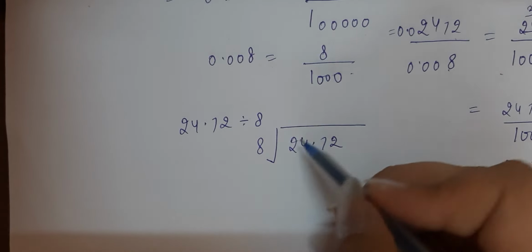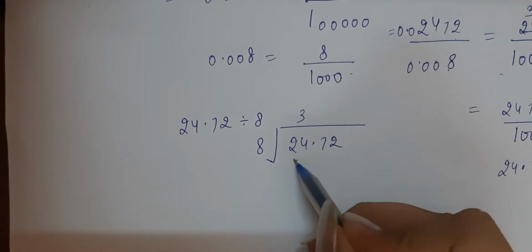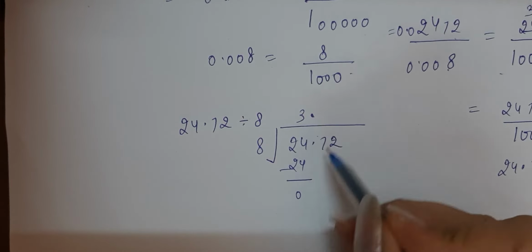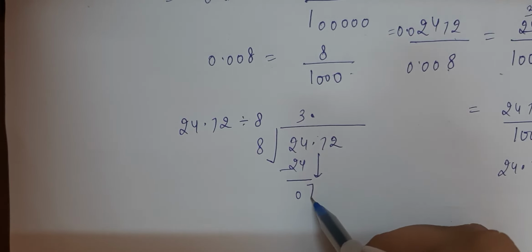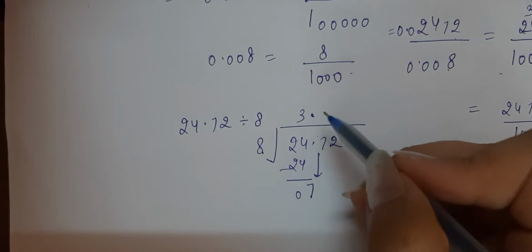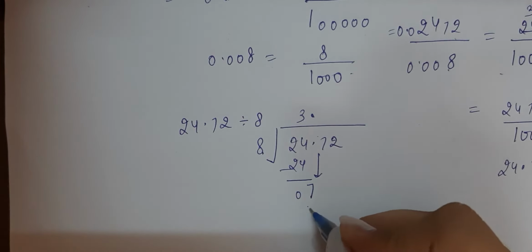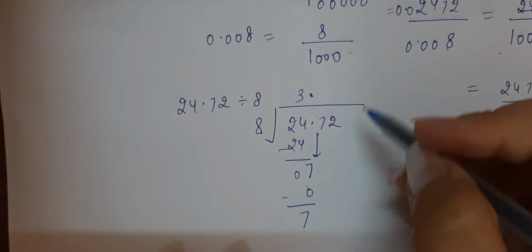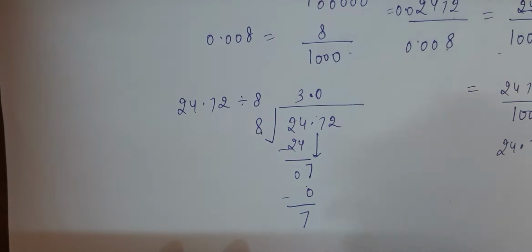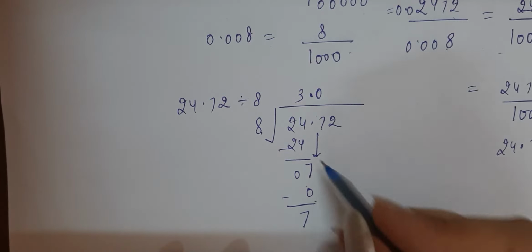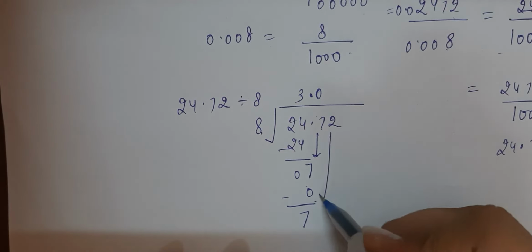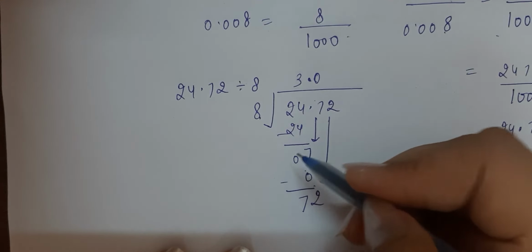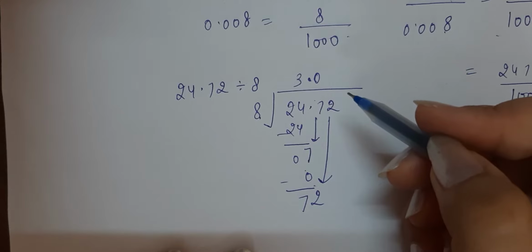Then I know 8 times 3 is 24, 0, then decimal point, then 7. I know 7 is smaller than 8, so I will take the number with 0, again it will come 7, and again I will take 0 here. 8 0 0, then the answer is 7, then again I will put 72, and I know 8 into 9 is 72.